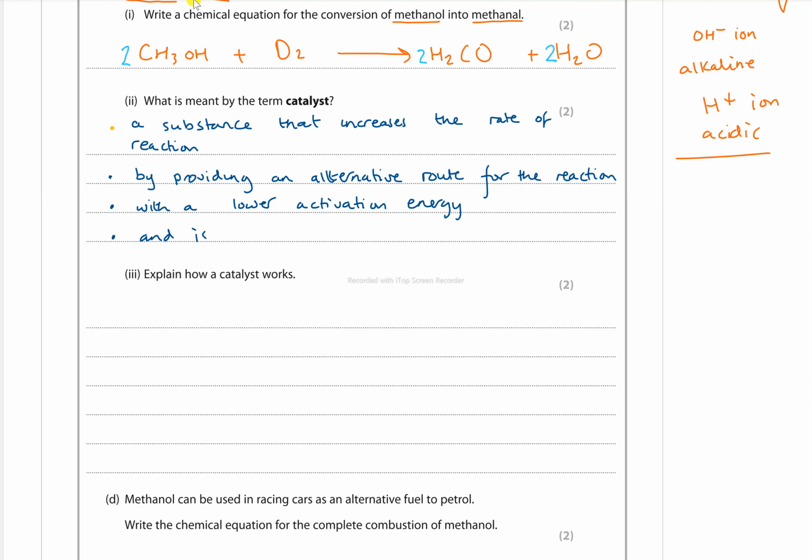And probably the best way to do it is to write it like this: chemically unchanged at the end, once the reaction's finished. So if you can write all this down, it'll cover any angle.